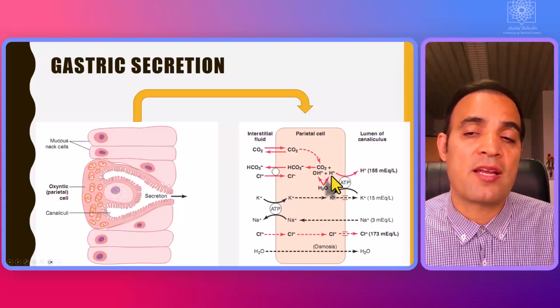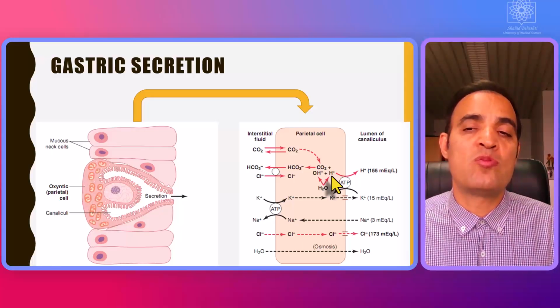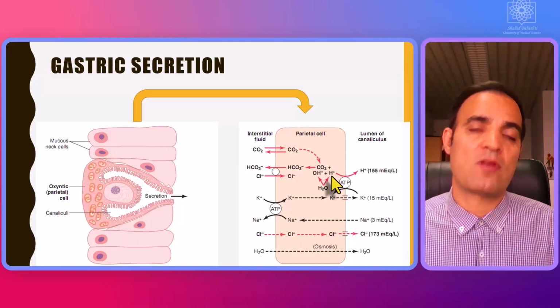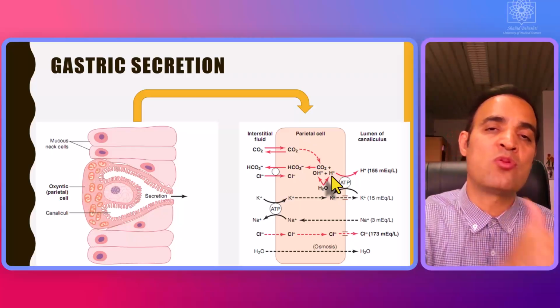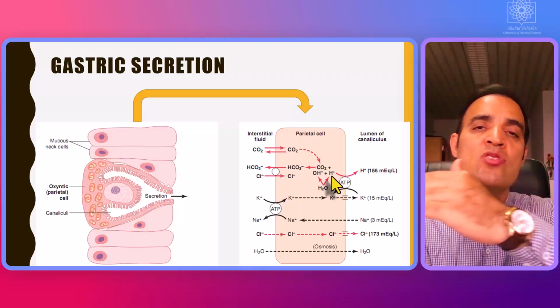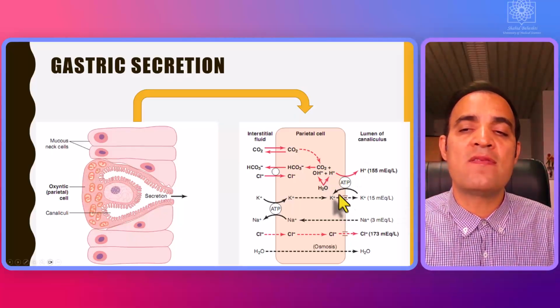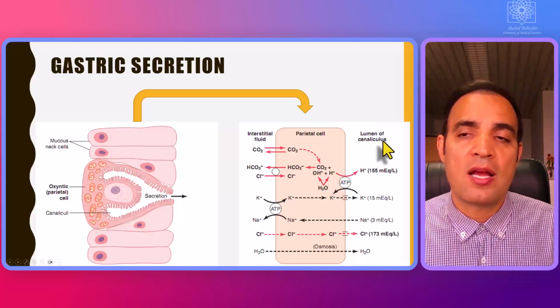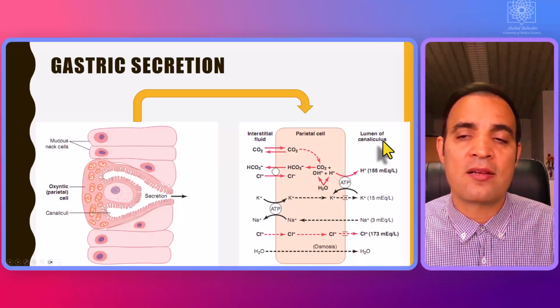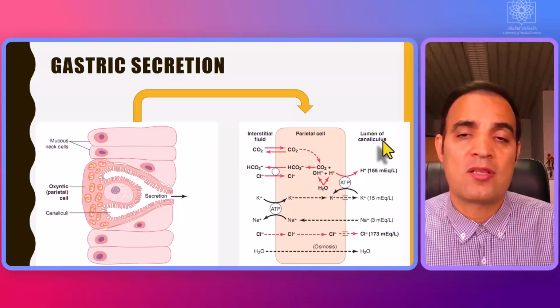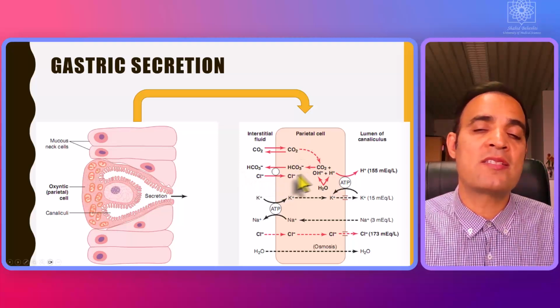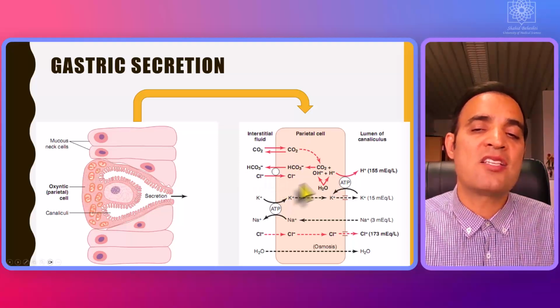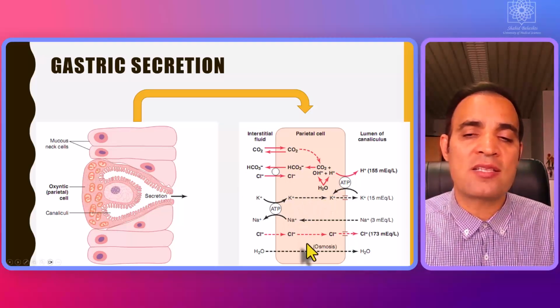This hydrogen ion then is able to be exchanged with potassium. One potassium will be absorbed into the cell, and instead one hydrogen ion will leave the cell into the lumen. At the same time, I told you that bicarbonate is exchanged with chloride, and this increases the chloride concentration inside the cell.